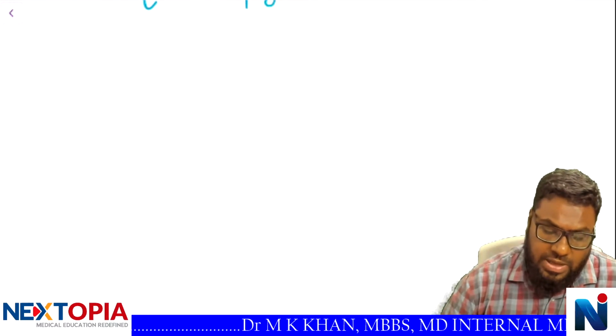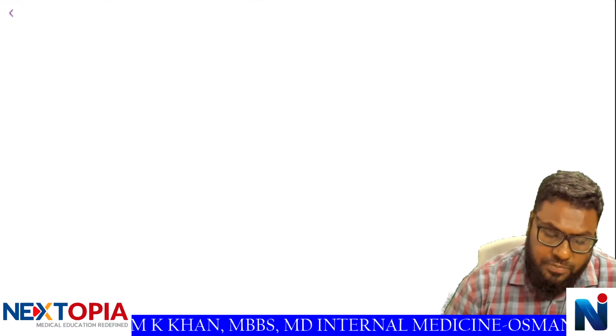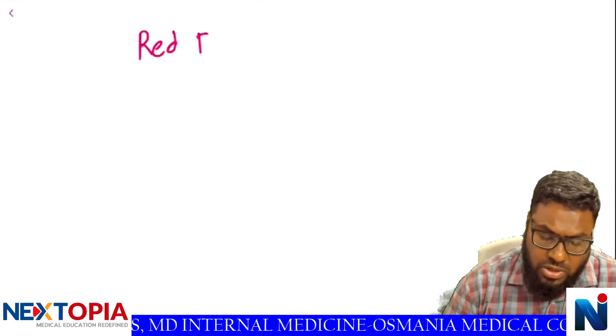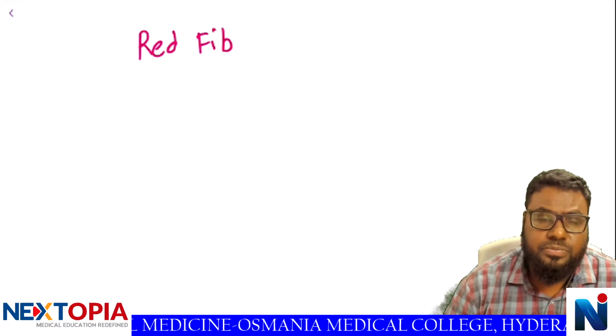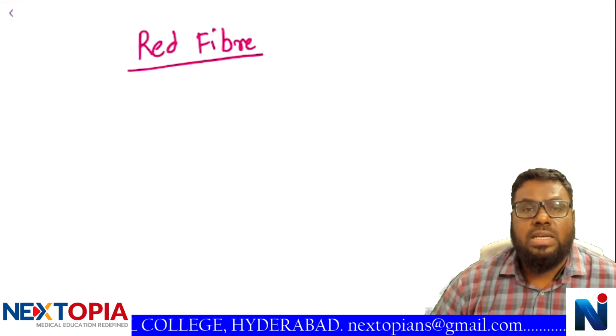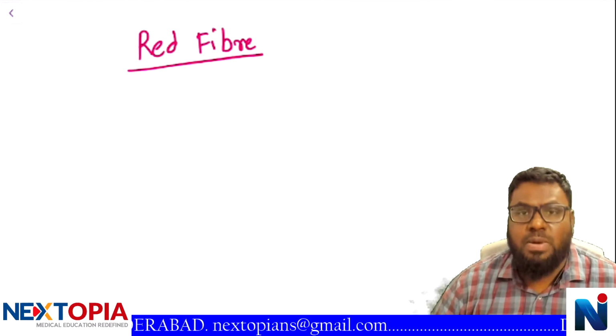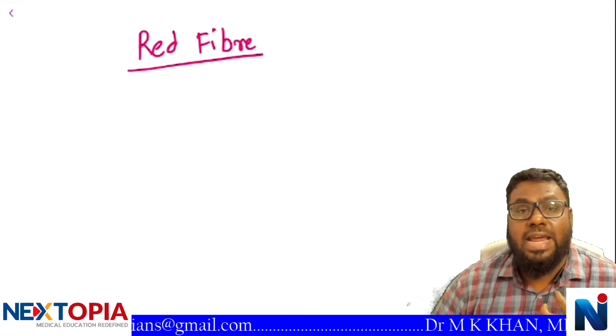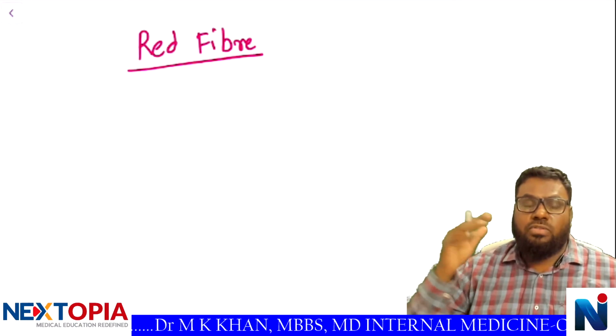Exactly the opposite differences you can see in the red fiber. So what are red fibers? These are the small muscles, less powerful muscles, usually for endurance, long term. For example, you are standing for a very long time, from morning till evening.